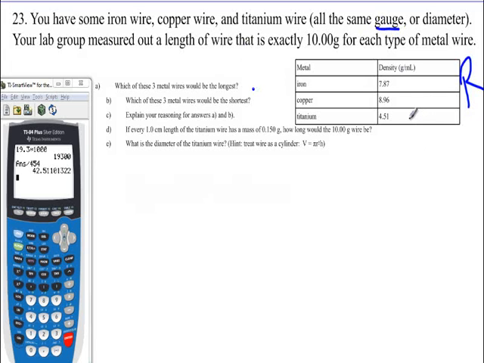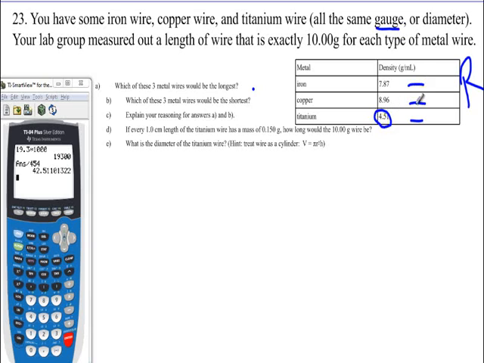Okay, so let's think about this. If I have the same size piece for the same amount of mass, right, and I have these densities. I have the lowest density for titanium, which means for the same size piece I have very little mass compared to copper.